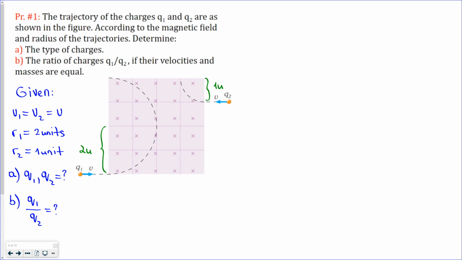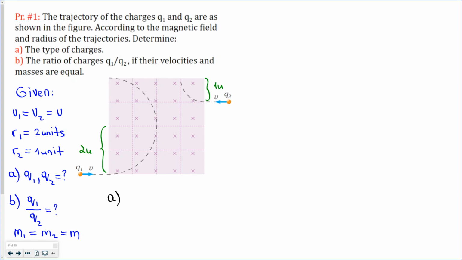And also, we have one more piece of information at part B: the masses are equal. So I can write mass 1 is equal to mass 2, and it's equal to some mass m. So this is all the givens we have. And let's start solving from part A.